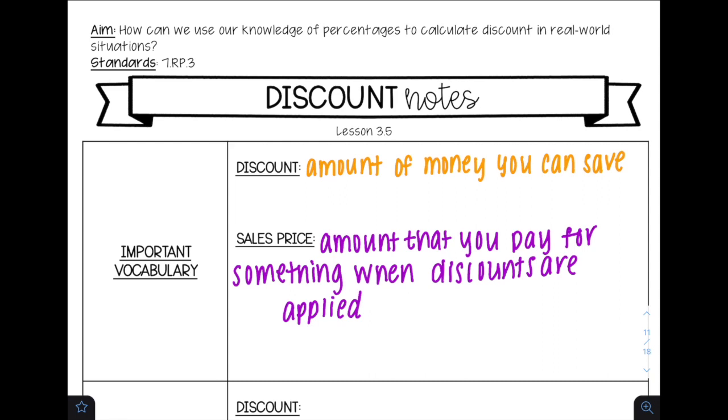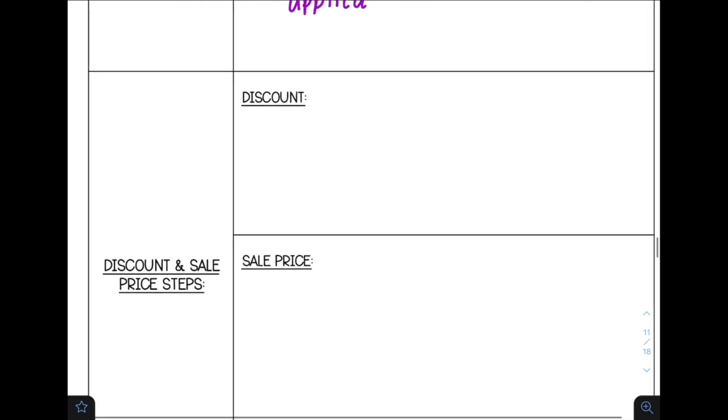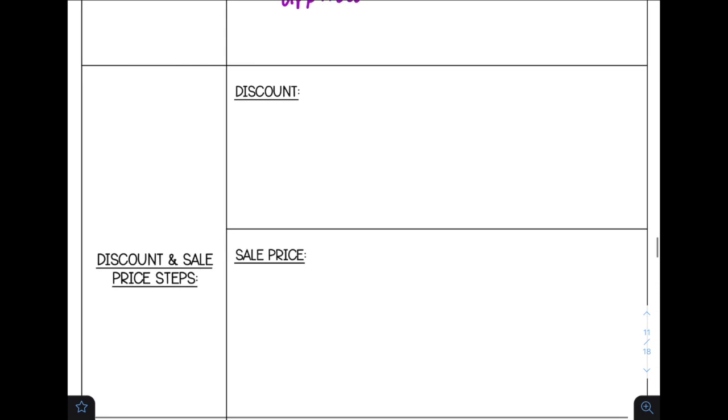Okay, so let's talk about the different steps on how we're going to get to the sale price. The first thing you want to do is apply your percentage, the discount percent. So you're going to start off with an original amount, original cost, total, some amount that you start off with.